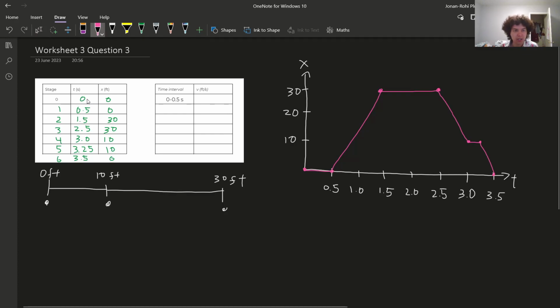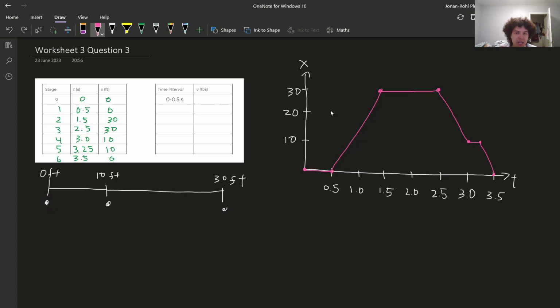For example, during the time interval from 0 to 0.5 seconds, so the first half second, the bird was at the first flower, which is at the position 0 feet. So the bird during that entire time was right here. But during the interval of a second between time 0.5 and time 1.5, the bird was moving from position 0 to position 30, from the first flower to the third flower.